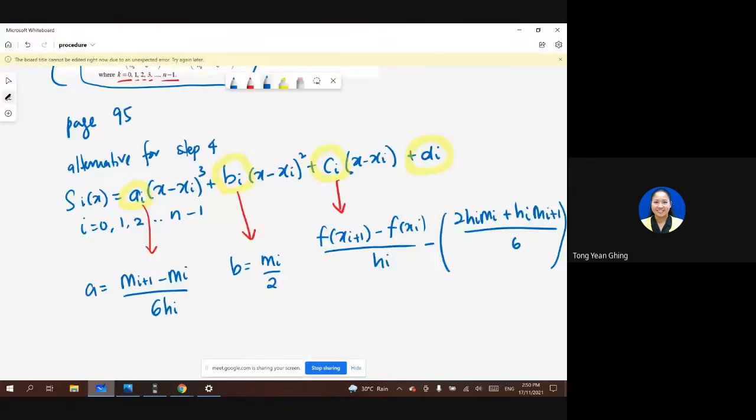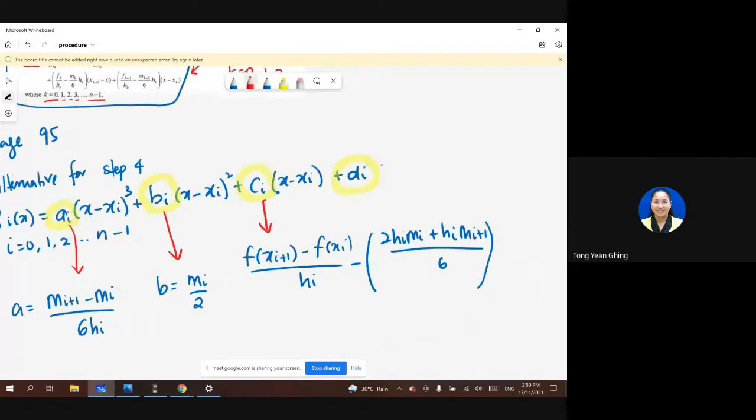And d is the value of y actually, f(x_i).